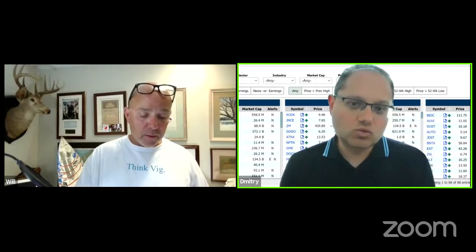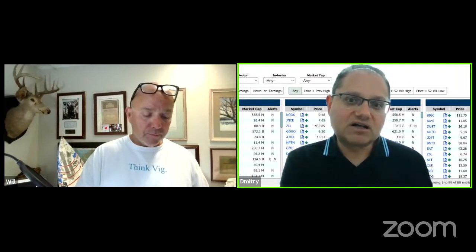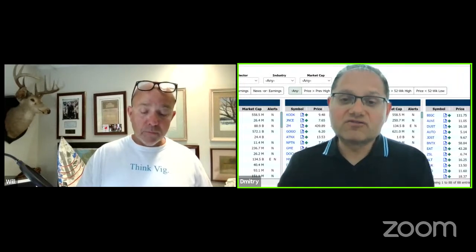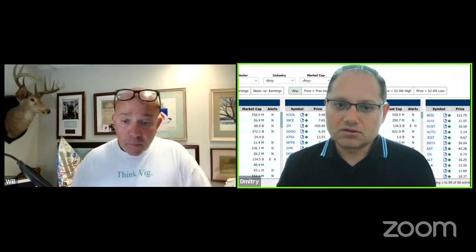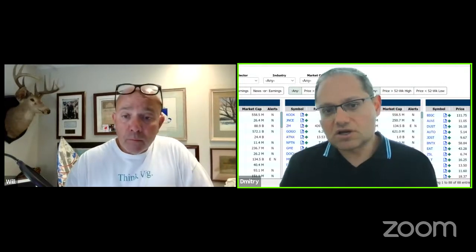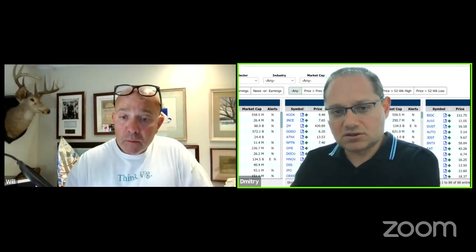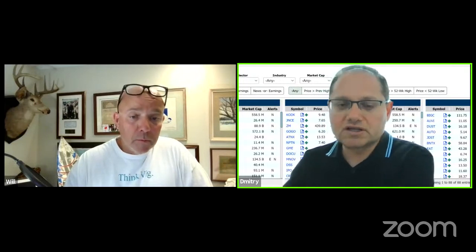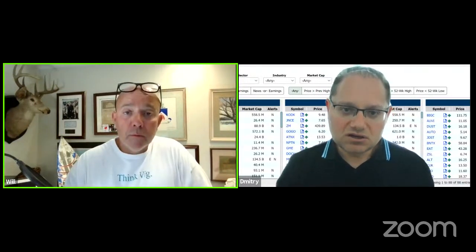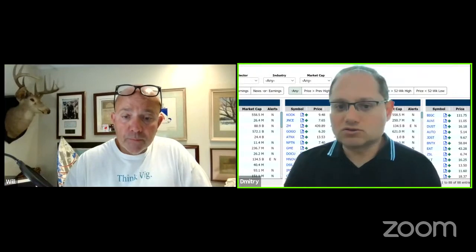There are two types of skew. One is horizontal, which is the implied volatility looks different based on the expirations. So as you go out into longer dated options, you're going to see implied volatility skew. We call it term structure.